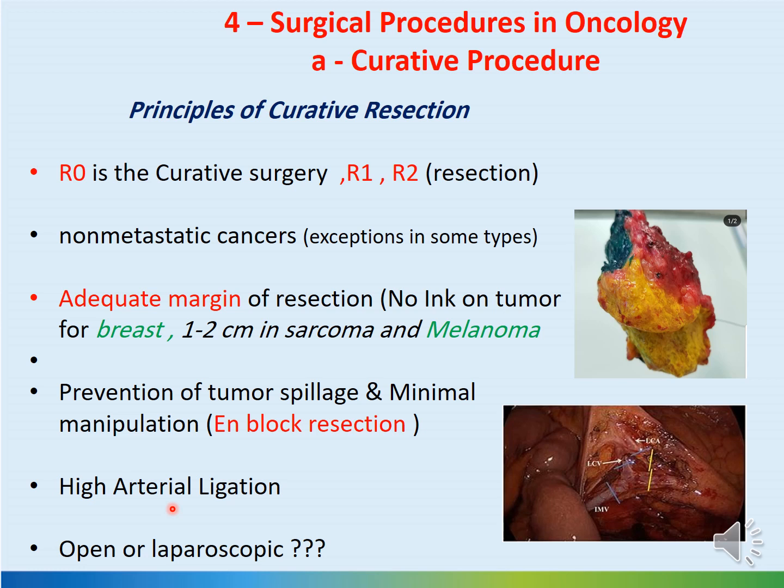For example, in colon cancer, when we do a colectomy, we have to ligate all the main vessels at their origins in order to make sure that we remove the cancer with all possible seeds or metastatic lymph nodes around.